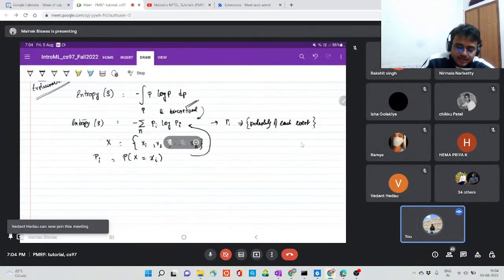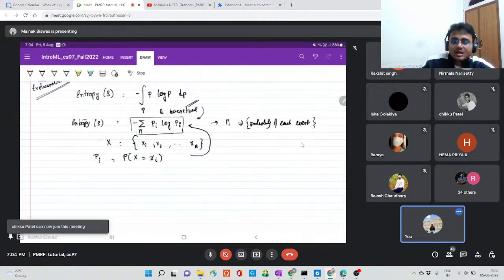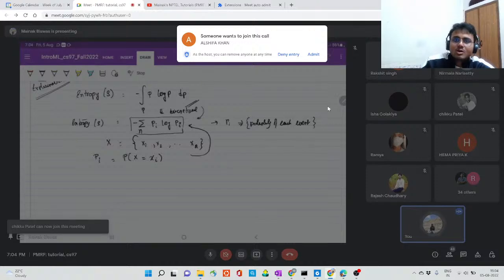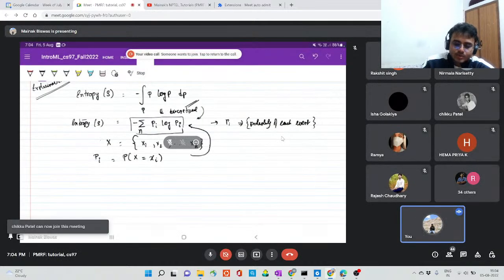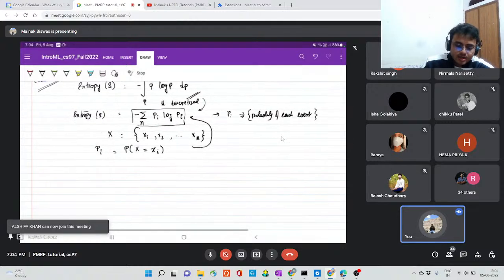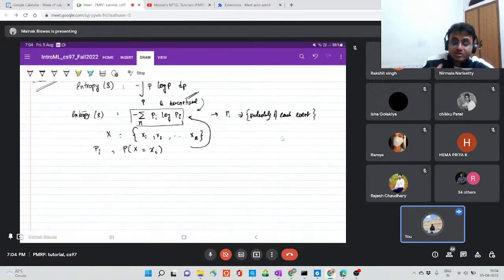So what does this signify? For all the possible values that the random variable can take, we have a sum of the log of the probability multiplied by the probability. Why does this work? What does entropy generally mean?